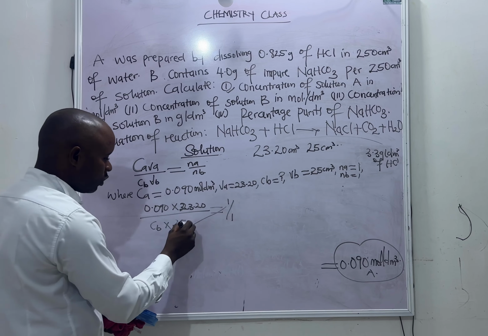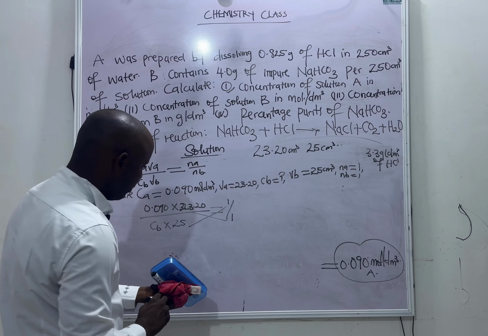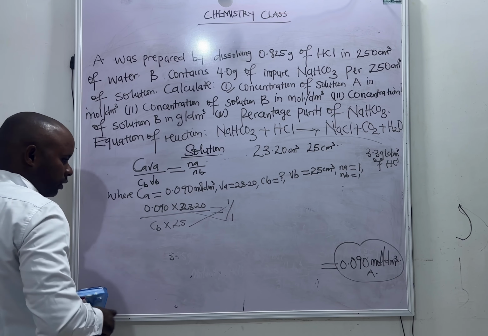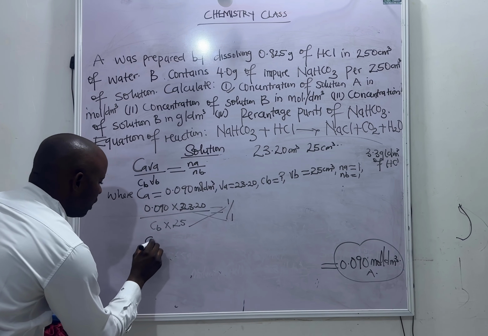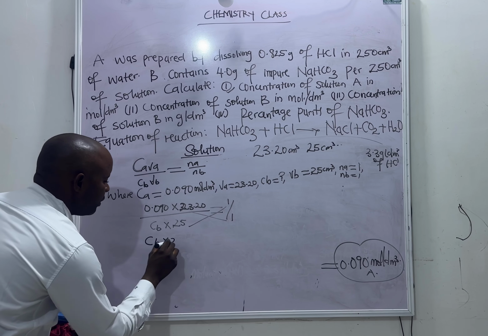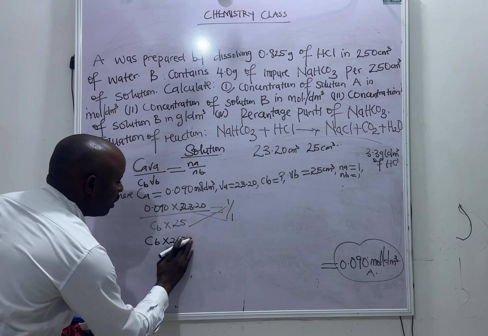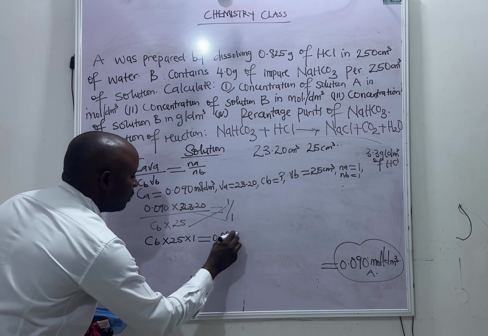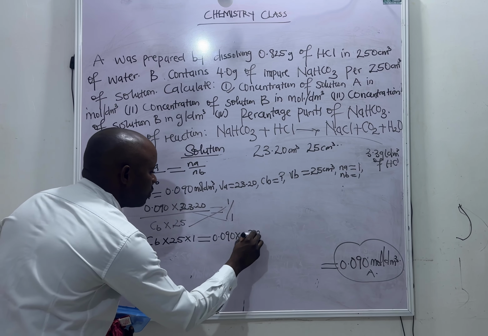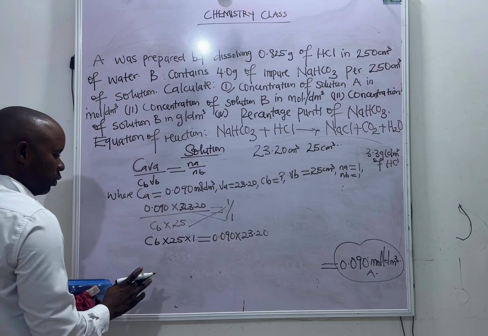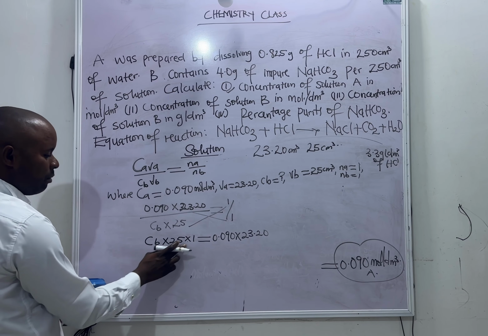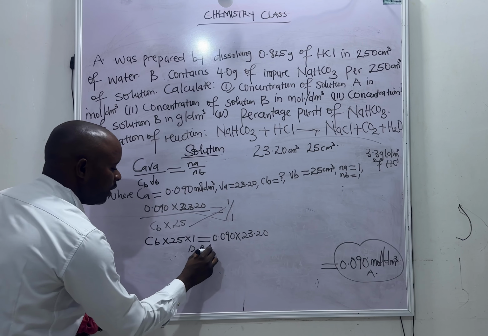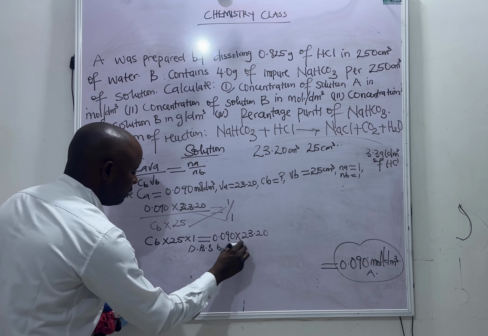So in this, I'm going to cross multiply. If we cross multiply, we're going to have CB times 25 times 1 is equal to 0.090 times 23.20. For CB to be on its own, divide both sides by 25 times 1.